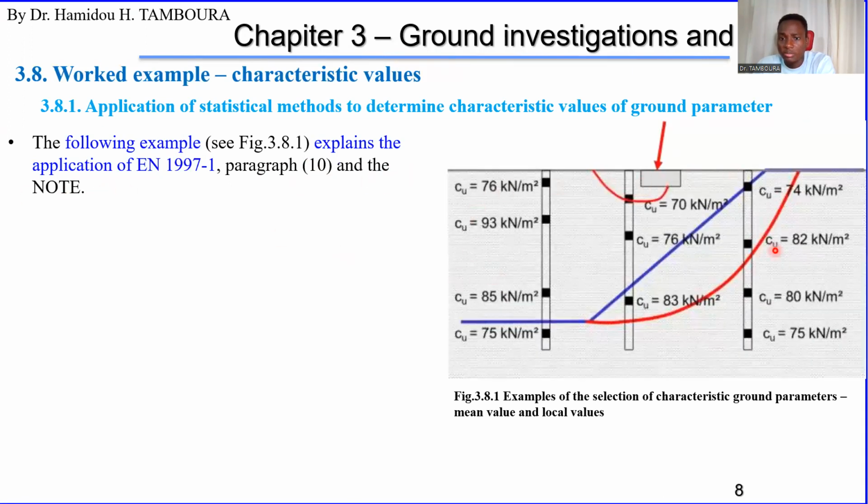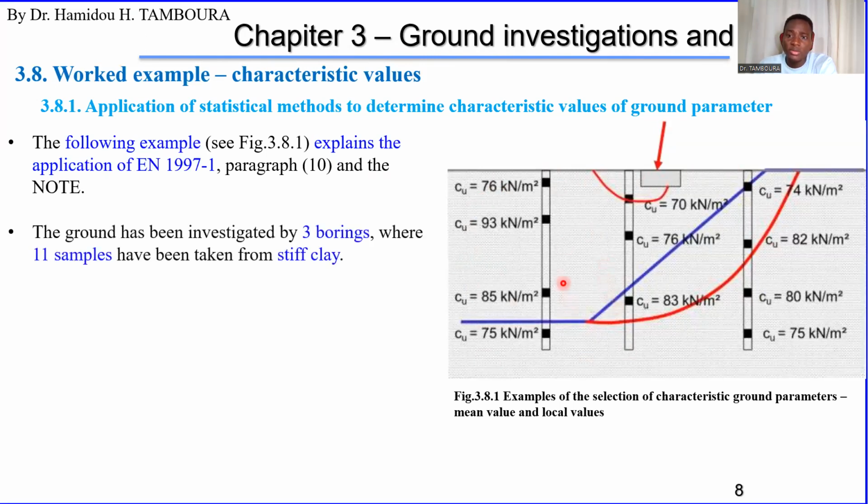This figure shows 3 borings: 1, 2, 3. Soil samples are taken from each of these 3 borings, 11 samples in total.